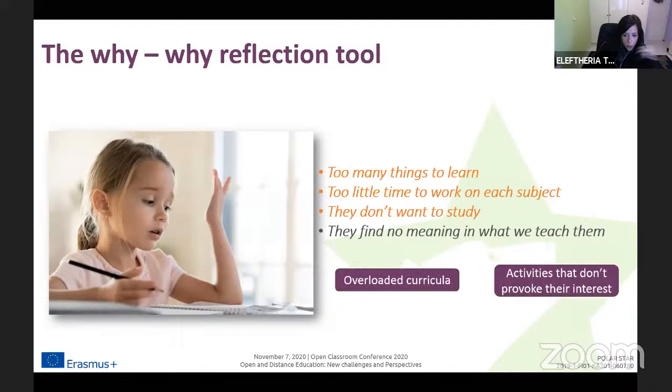It has two names. One is overloaded curricula, the other one is activities that don't provoke students' curiosity and interest. They have too many things to learn, and usually what we do with them in our class, not because we don't know any better, but probably because we don't have the time or the lab to do it. Usually what we do with our students is not that intriguing to them.